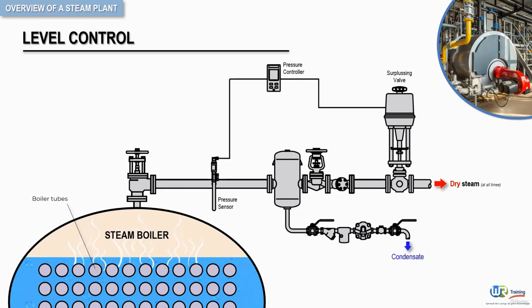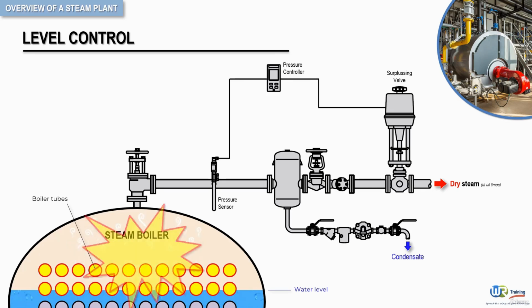Now, if the water level inside the boiler were not carefully controlled, the consequences could be catastrophic. If the water level drops too low and the boiler tubes are exposed, the boiler tubes could overheat and fail, causing an explosion.